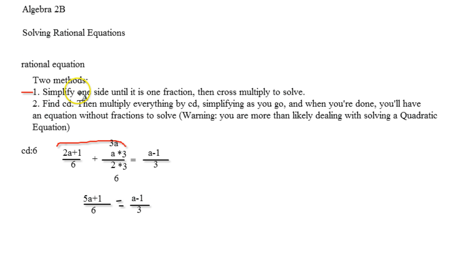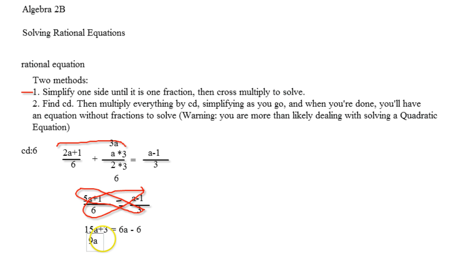I've gotten down to one fraction on each side, so I'm going to cross multiply, and I get 15a plus 3 equals 6a minus 6. Now I'm going to subtract 6a from both sides and subtract 3.